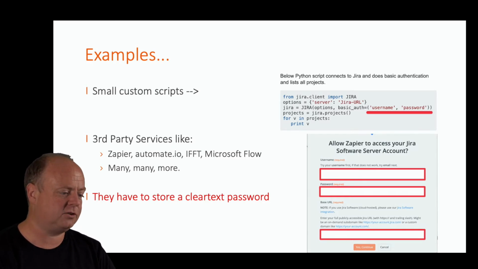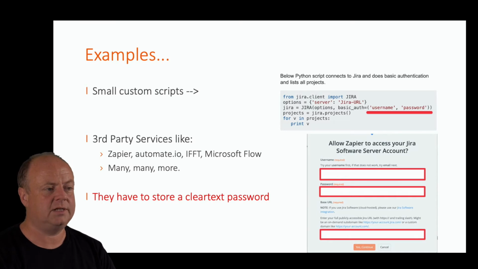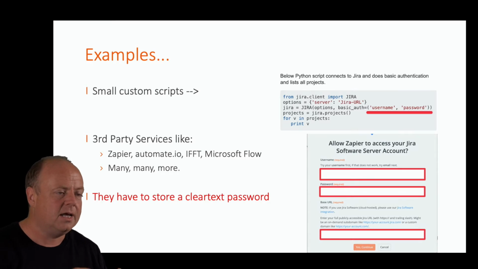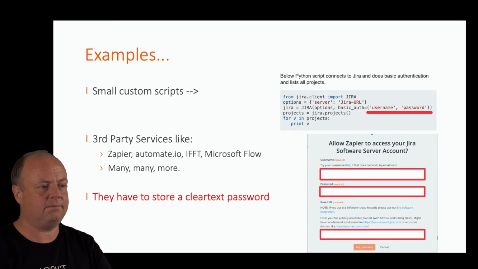And they actually have to store the password in the clear text, or at least in a reversible encryption. Normally, if you store a password in a database, you hash it a couple of times, salt it, pepper it, so that you don't have to save the original password, just a hashed string, which is a one-way function.